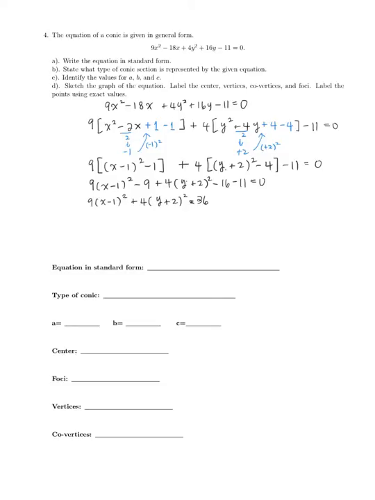Okay, sorry about that. Okay, so dividing by 36, it looks like what we're going to get is what? (x minus 1) squared over 4 plus (y plus 2) squared over 9 equals 1.